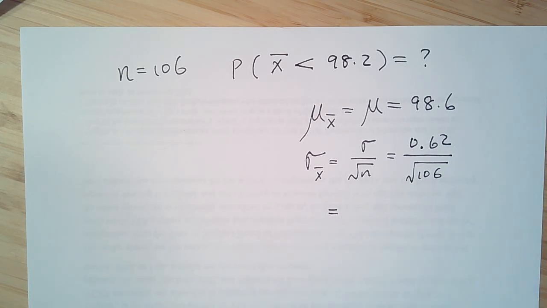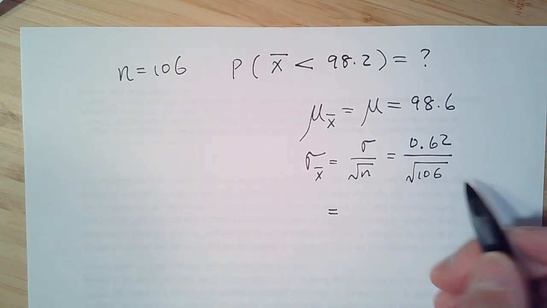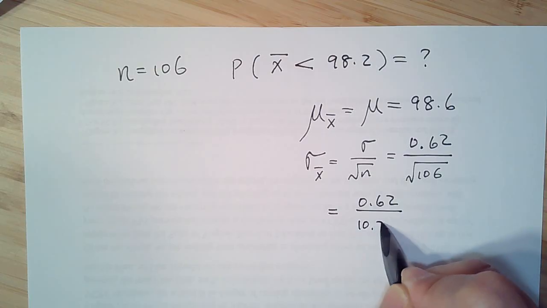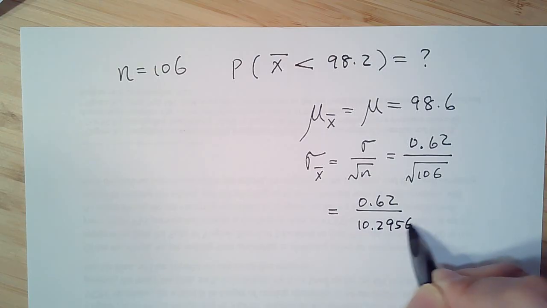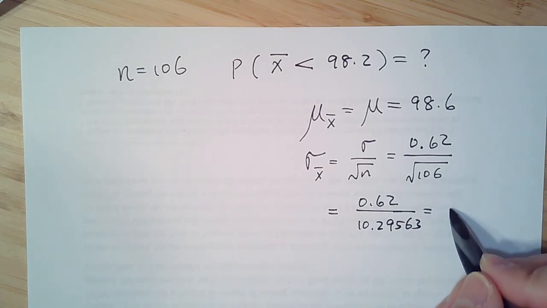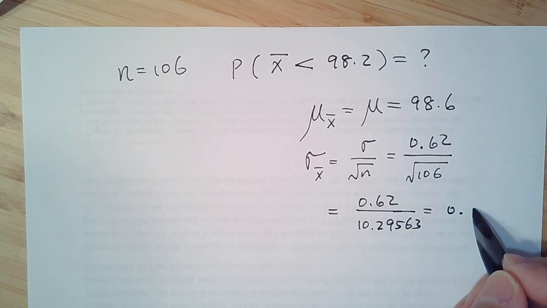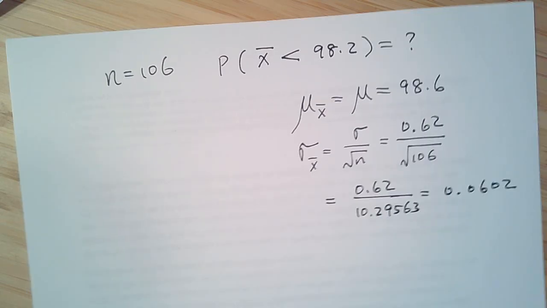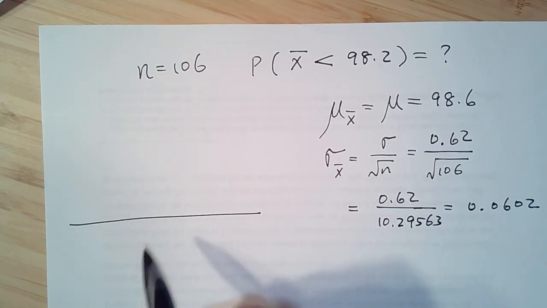The square root of 106 is 10.29563. I write a few more decimals so it can be a little more accurate. So 0.62 divided by 10.29563 gives 0.0602. Wow.